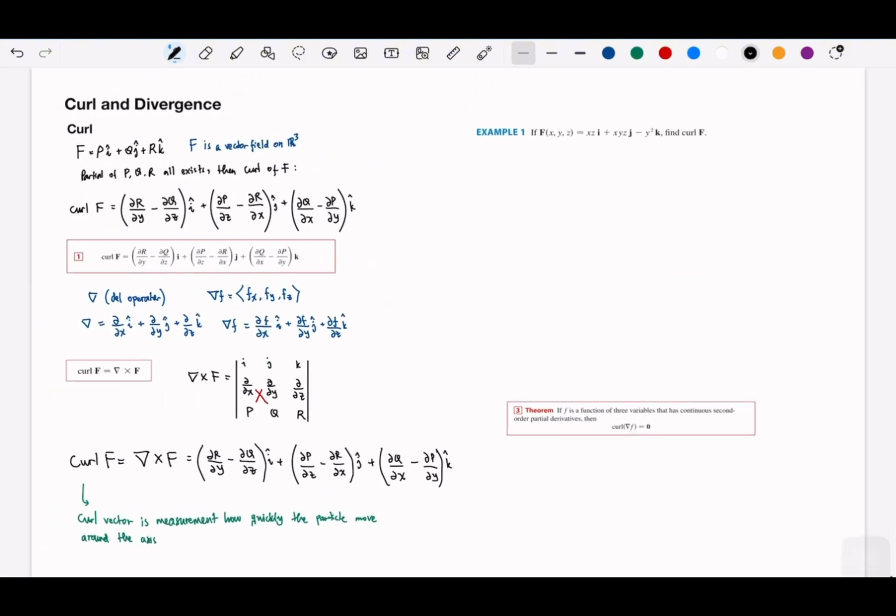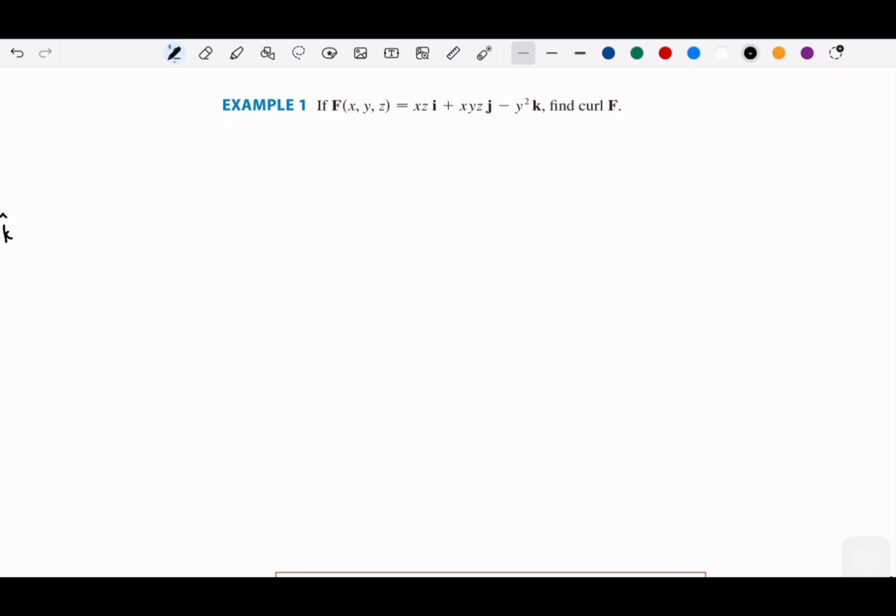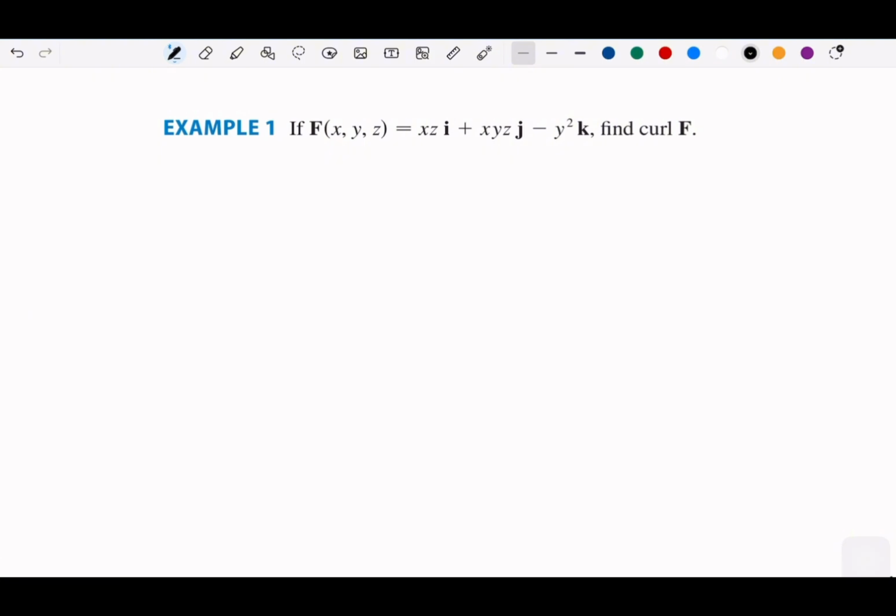Okay, so maybe just a quick example of how we use the curl. This is just a quick overview. So if we have this curl f, and we have f, the vector field in xyz, basically we take the curl, which is the del cross f, and we can make it into a 3x3 determinant.